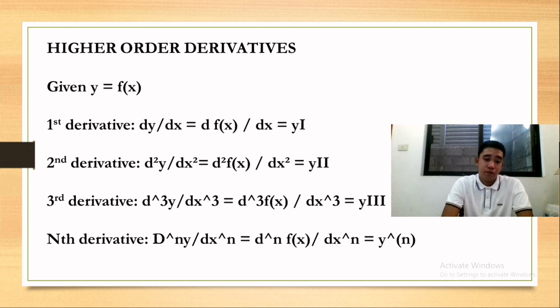Third derivative, d cubed y over dx cubed equals d cubed f(x) over dx cubed equals y3. For the nth derivative, when you go beyond three, the formula to use is d to the n of y over dx to the n equals d to the n of f(x) over dx to the n equals y to the n, where n is the number of the derivative.